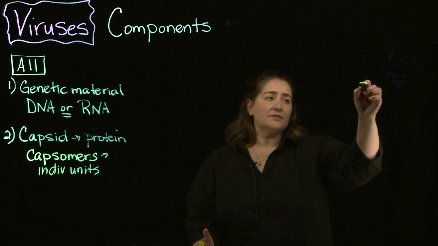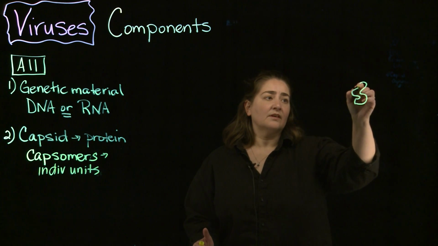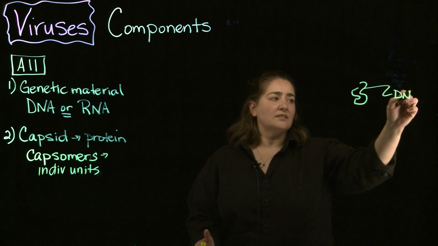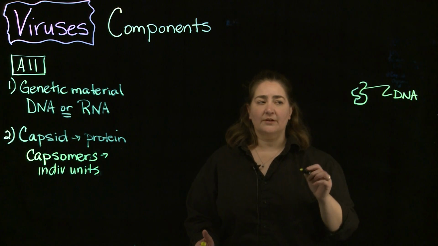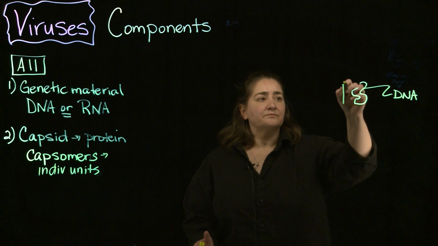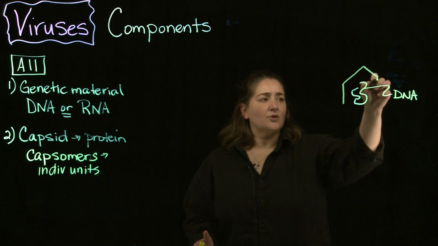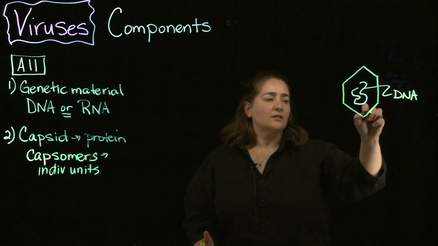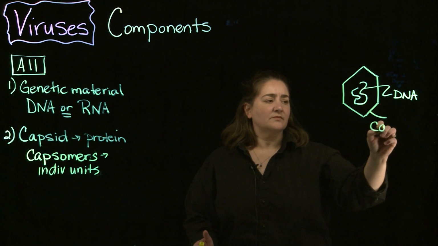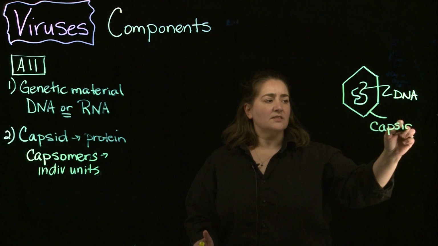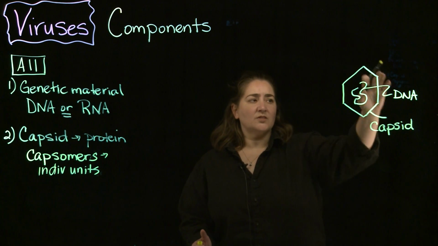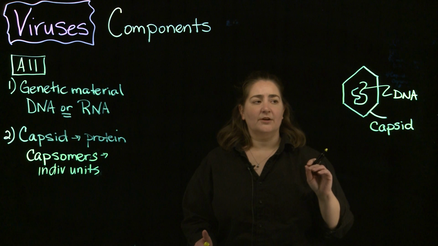So if I draw a virus here, I'm going to make my squiggle here. We'll say this is a DNA virus, just for fun. I'll draw a line around that. This is our capsid. The capsid is what surrounds the DNA in the viral particle.